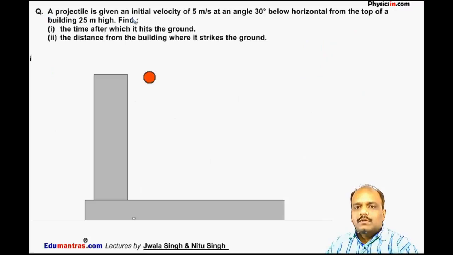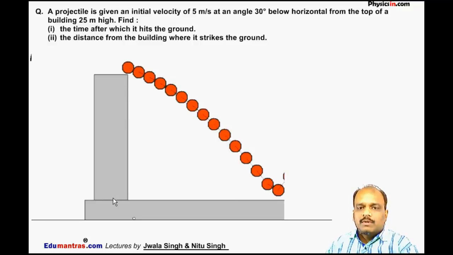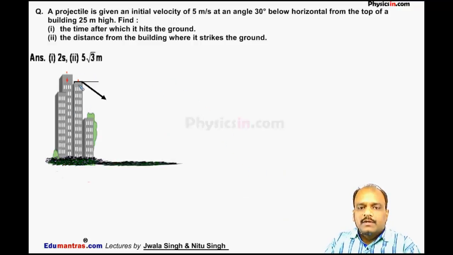A projectile is given an initial velocity of 5 meter per second at an angle of 30 degree below the horizontal from the top of a building 25 meter high. Find the time after which it hits the ground and the distance from the building where it strikes the ground. This is a particle which is projected from here. It moves like this. This is a tall building. It is given the height of this building is 25 meter.